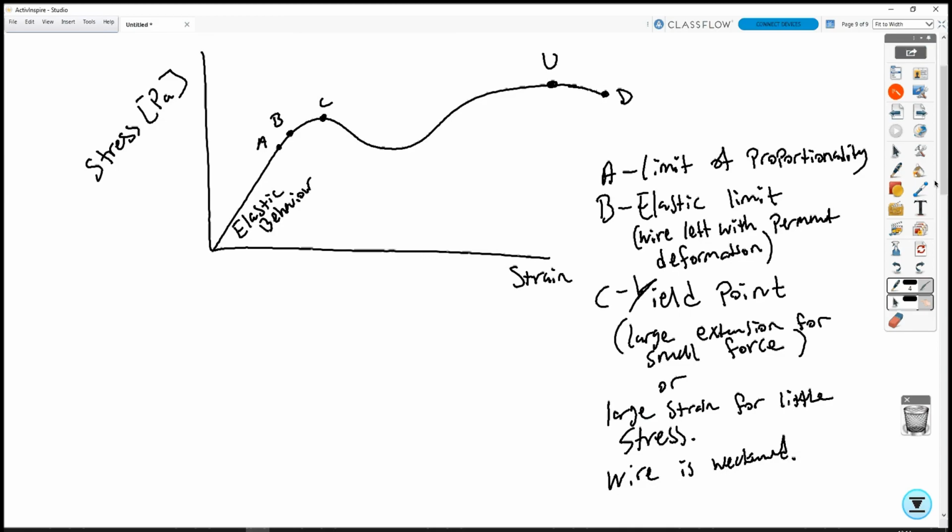Past the yield point, we now have something called plastic flow. So the material now behaves like a plastic, and all deformations are permanent.